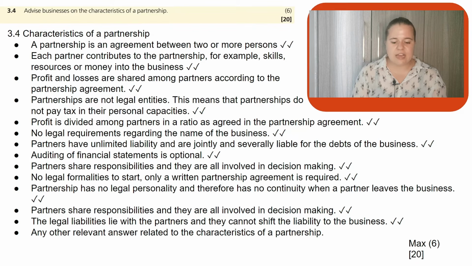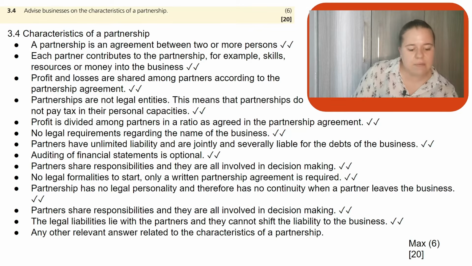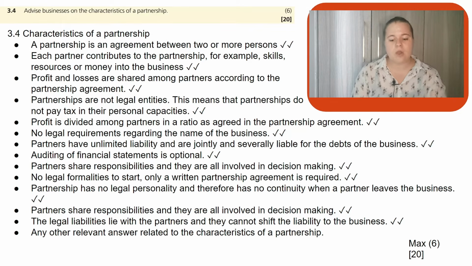Partnerships have unlimited liability and are jointly and severally liable for the debts of the business. Auditing of financial statements is optional. Partners share responsibility and they are all involved in the decision making. No legal formalities to start. Only a written partnership agreement is required to start this type of business.